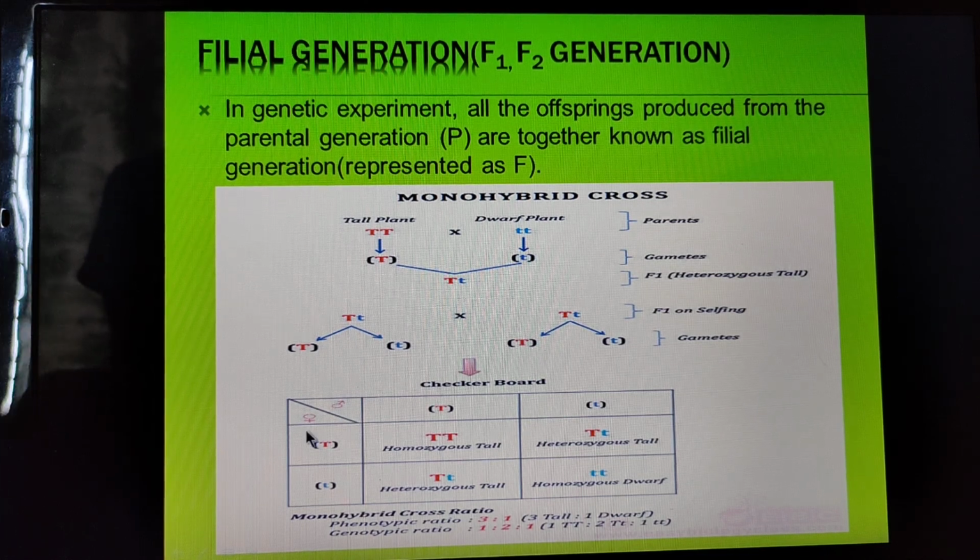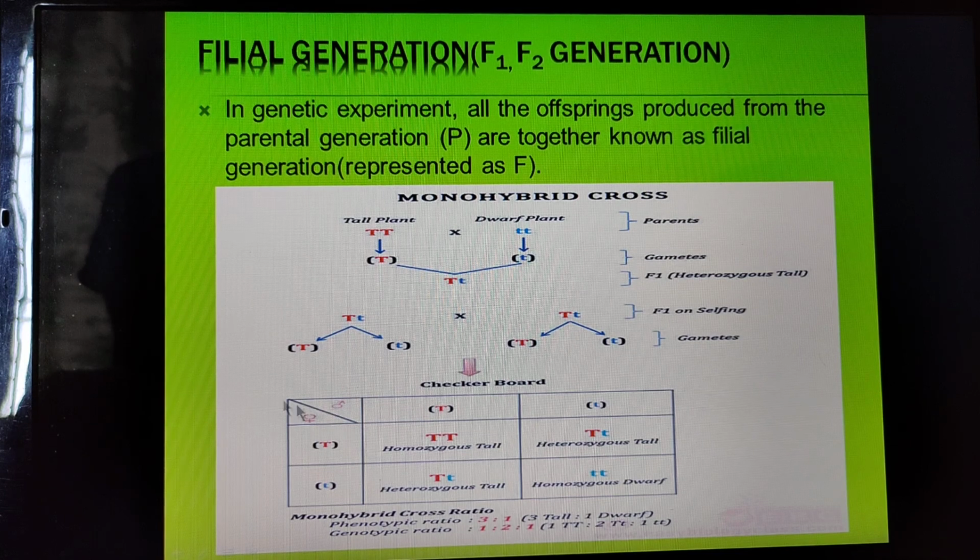How this checkerboard is formed, I will explain when I elaborately explain the Mendel monohybrid cross experiment. Here, selfing, which means self pollination, takes place on the F1 pea plant, and these gametes are put in this table.